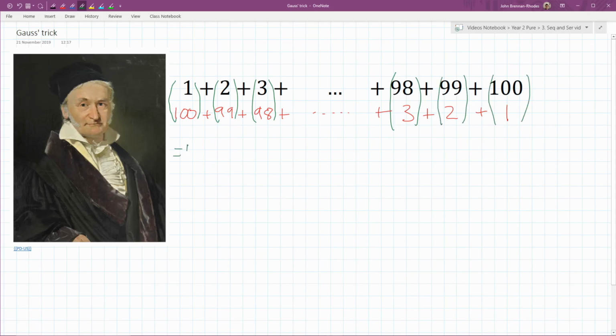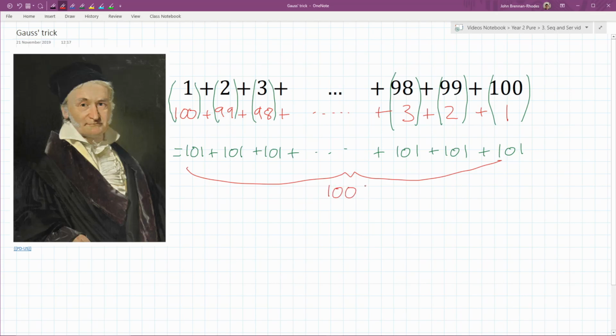So this is equal to 101 plus 101 plus 101 plus 101 plus 101 plus 101, and what we've got is this, but 100 times, filling in the gaps.